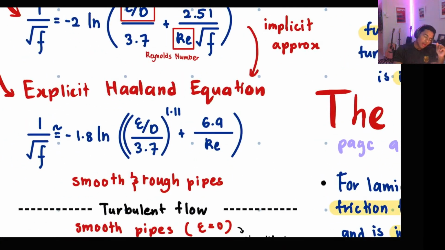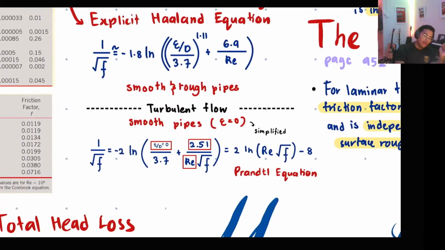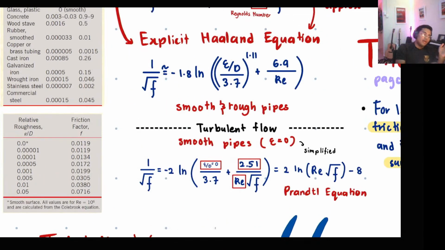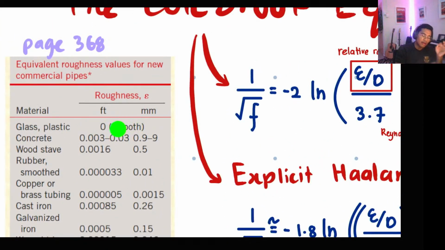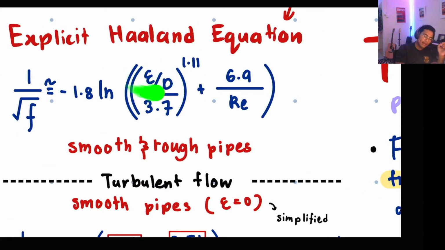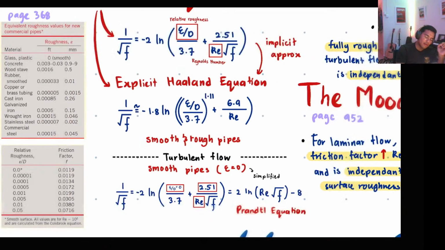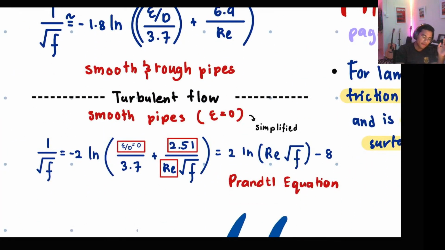So as you can see here, both of these equations are for smooth and rough pipes. What happens if we have a smooth pipe? As you can see here, a smooth pipe has zero roughness. So if it's zero, we can eliminate this term in the formula and simplify it.